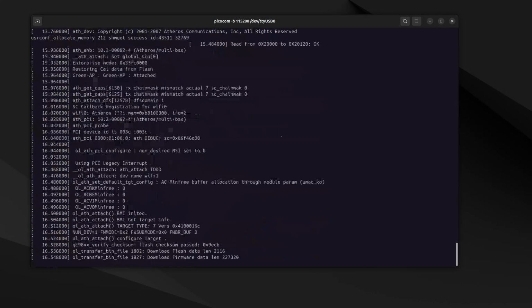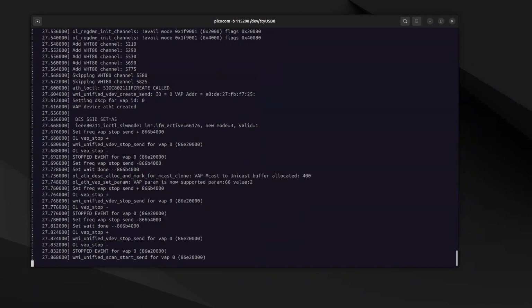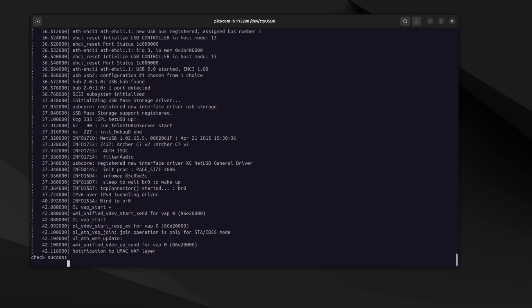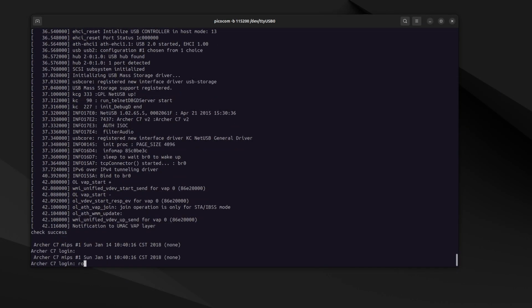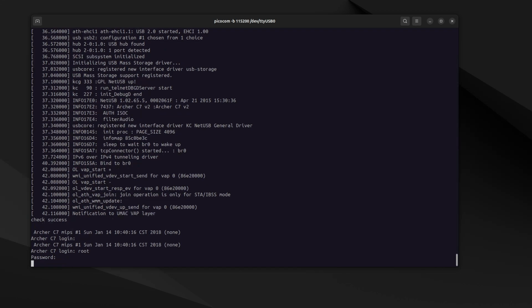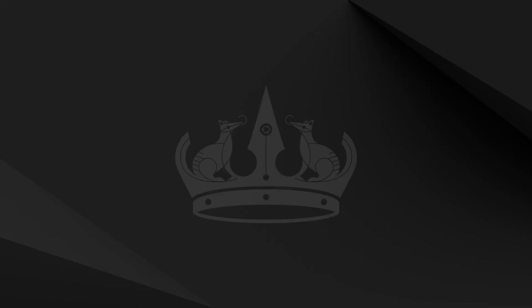We'll wait for this to finish. It's not root, so we need to figure out what the actual login and password is. So that's going to be our next step.